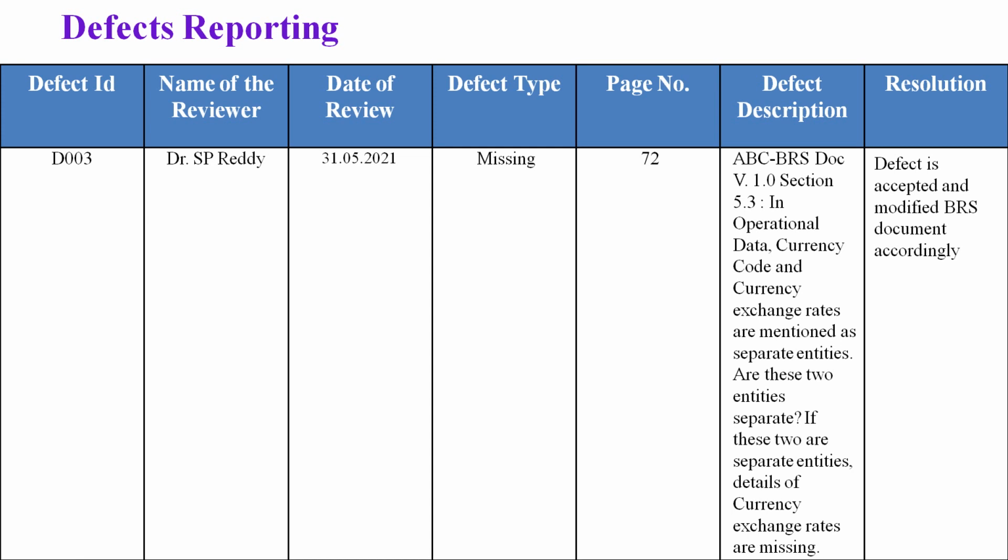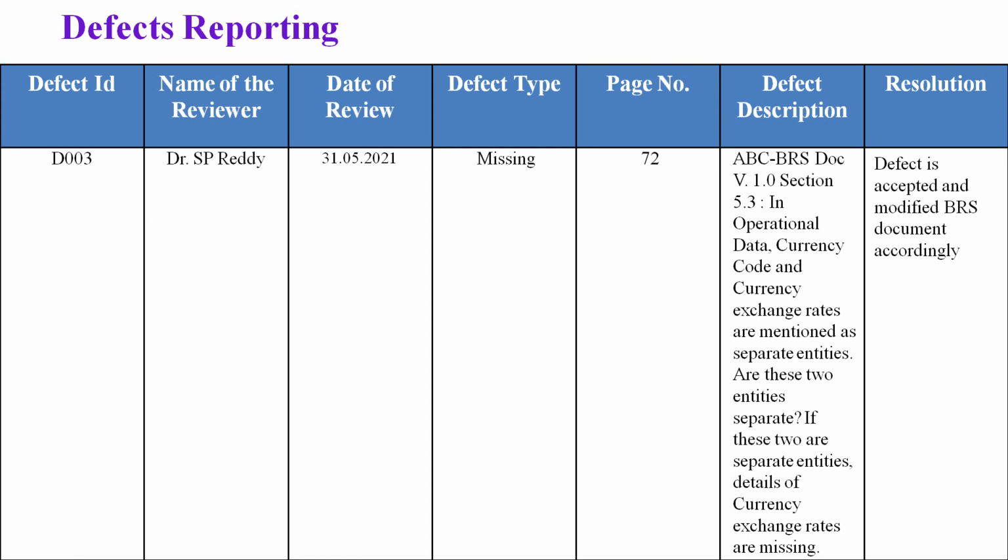He will modify this requirement accordingly. This is the resolution of the concerned author of the document. So this is how each and every review team member has to report the defects.